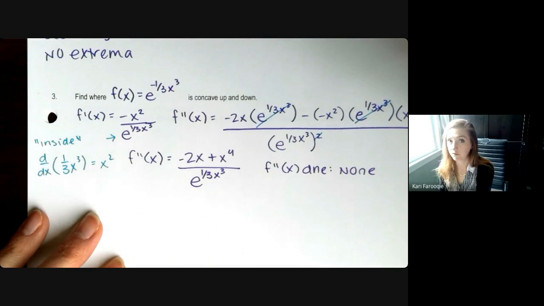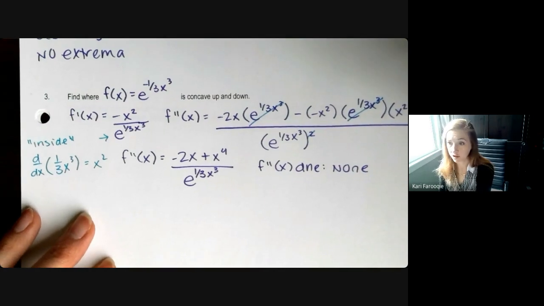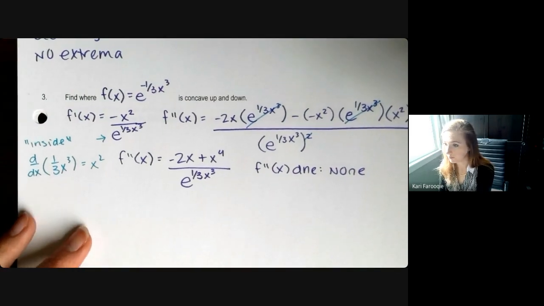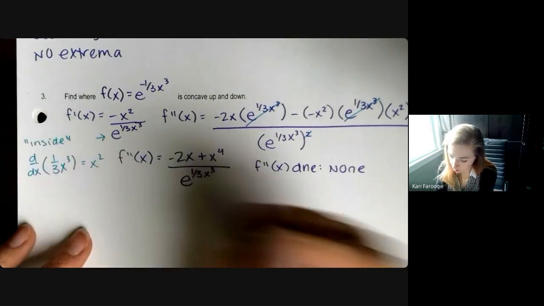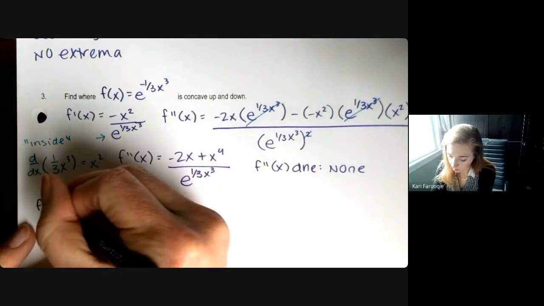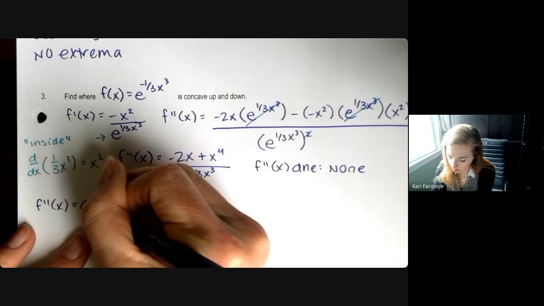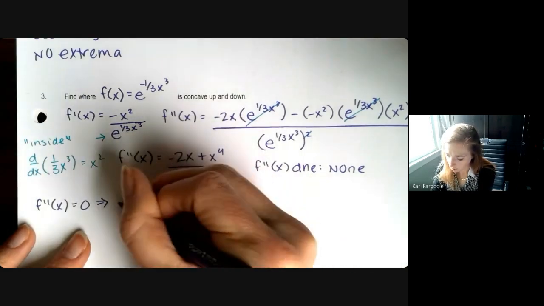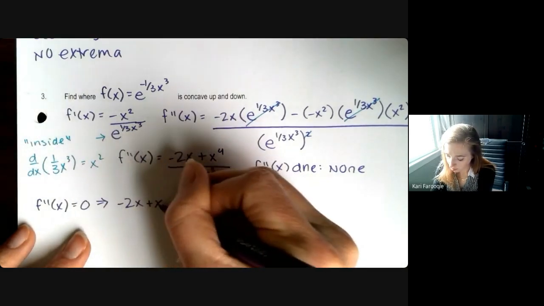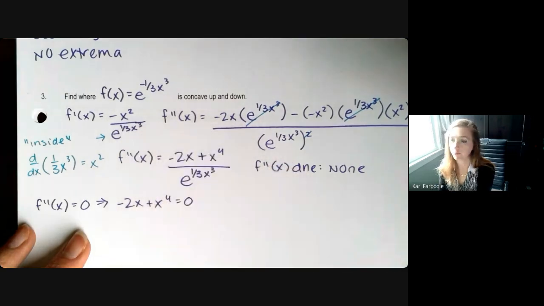You're not going to have any values there. So if you just want to note that right now, you won't even have to look at it again. And then as far as your f double prime being equal to 0 for possible inflection points, well, that's going to happen when negative 2x plus x to the 4th equals 0.